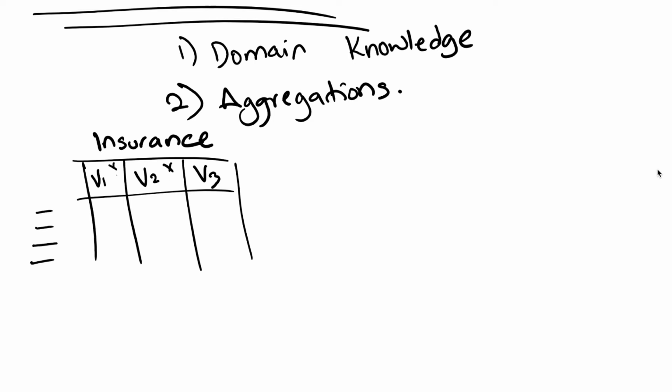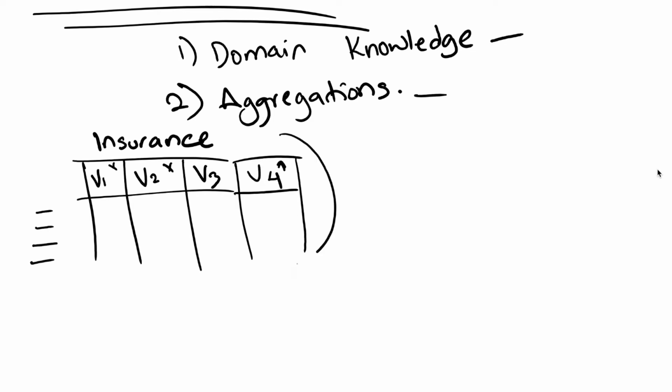What you can do is basically create a new field and create a new variable. Now, this variable could have a higher predicting power compared to variable 1 and variable 2. Now, feature construction is all about adding new variables that could have predicting powers for our modeling. The way you build these new variables are through domain knowledge and through aggregations.